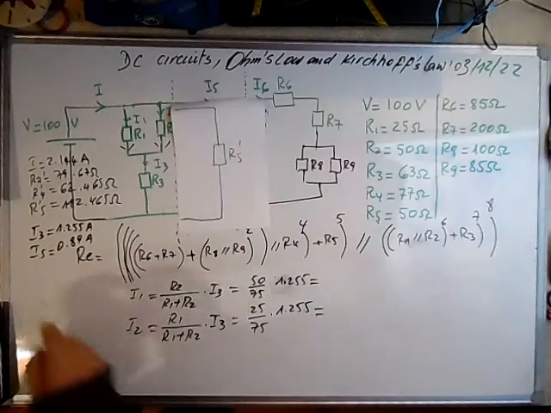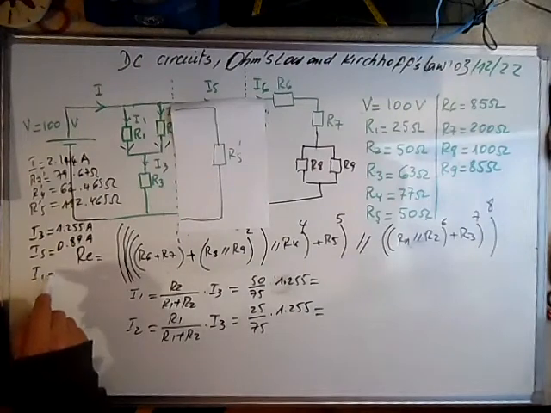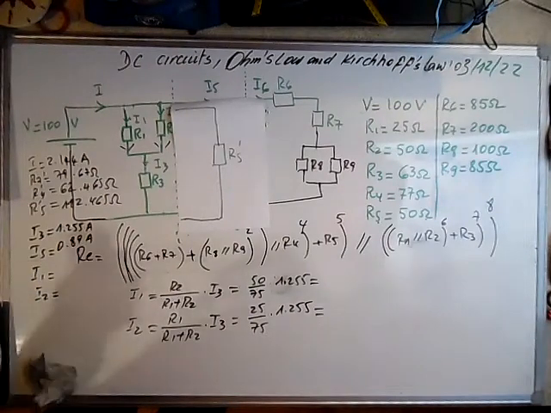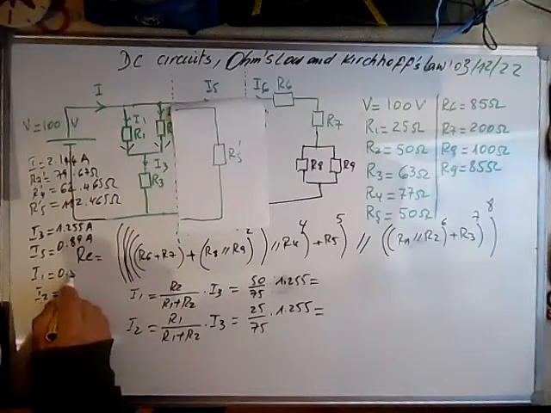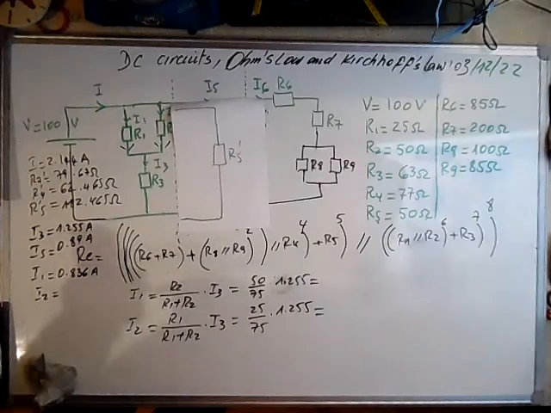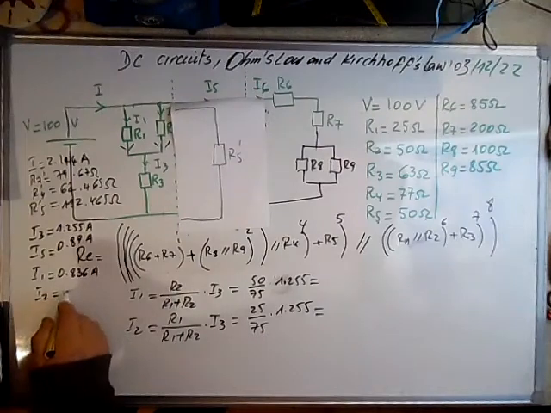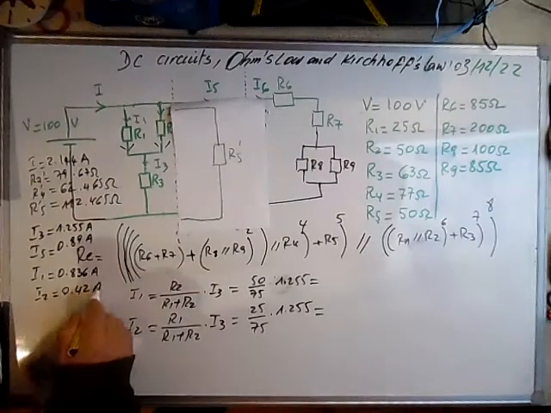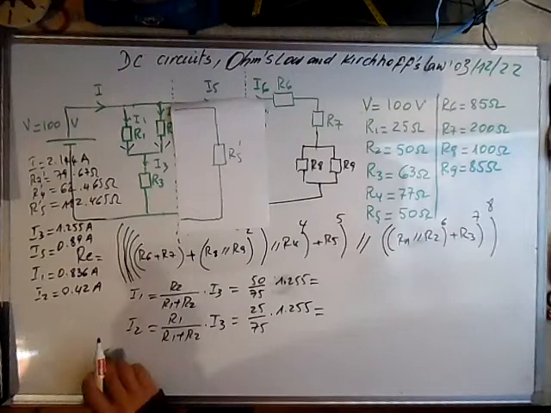I1 is 75 times 50 times 1.255, which is 0.836 amps. Minus 1.255, this is 0.42 amps. That's it.